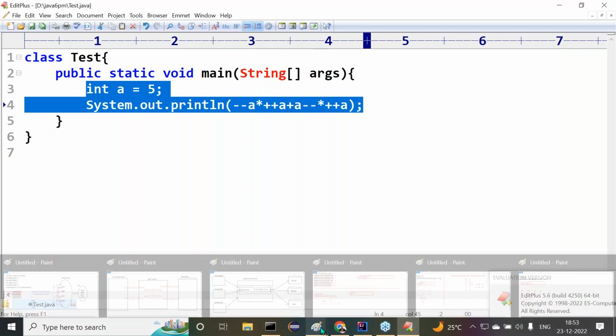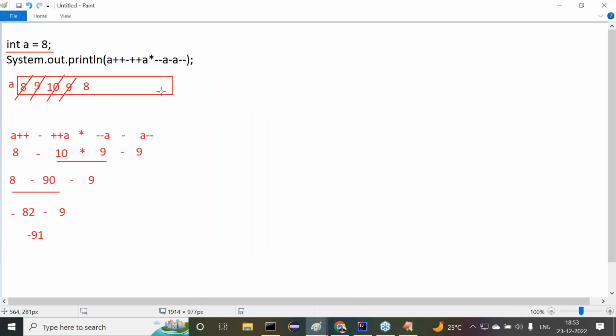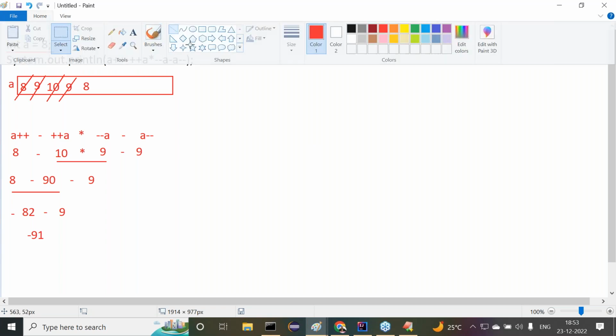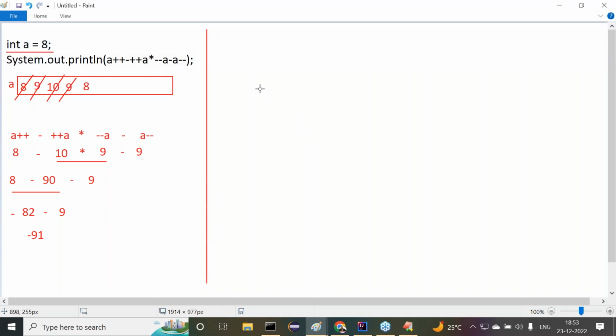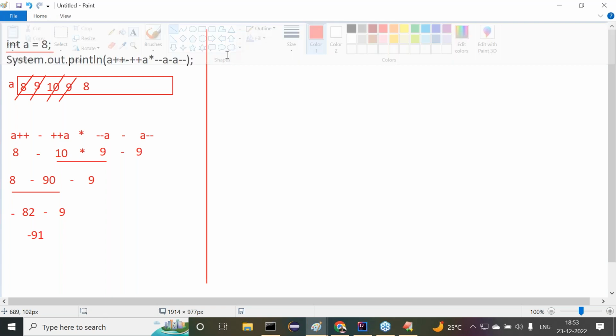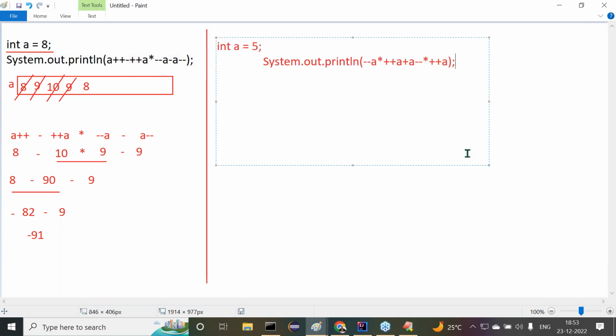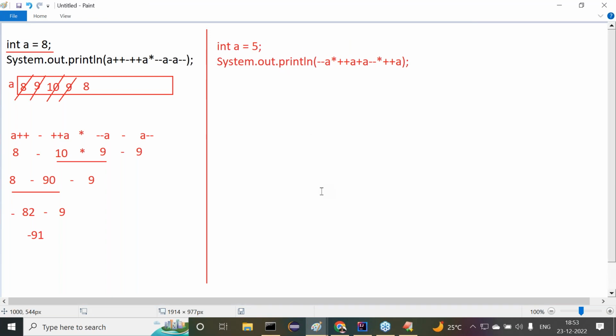Right, so now let's come to this one more example. Now let me complete it, how we are getting this value. First of all, we have an expression like this.